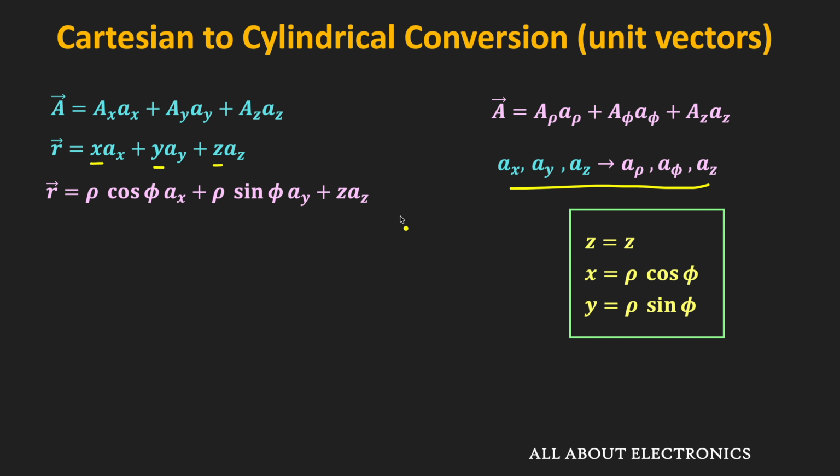Now if you see the expression of the position vector, it is in the form of rho, phi and z. So when we differentiate this vector with respect to the variable rho, we will get the vector which is incrementing in the direction of rho. And whenever we normalize it, we will get the unit vector. That vector is actually a rho.